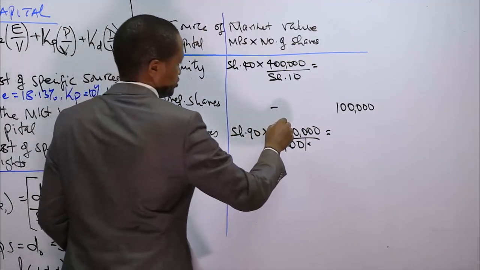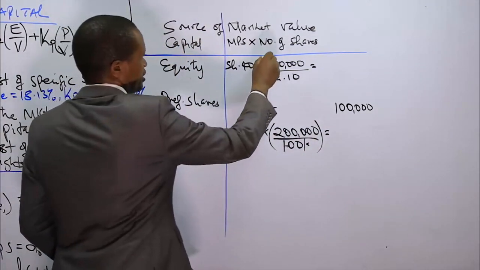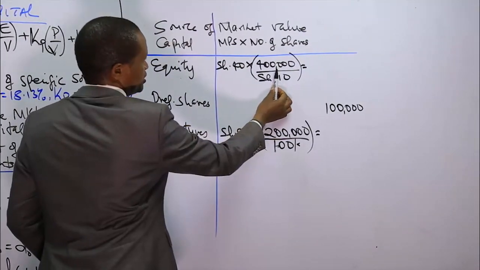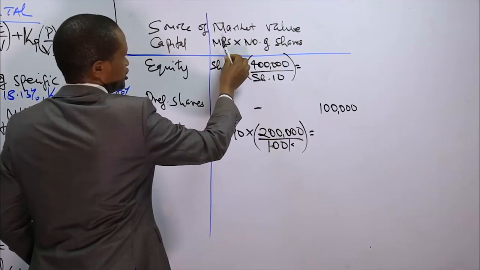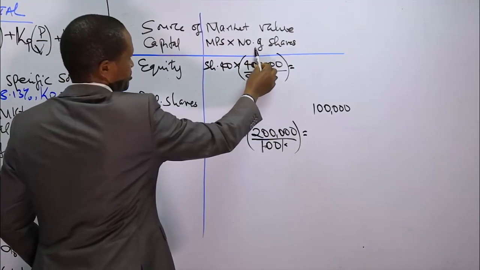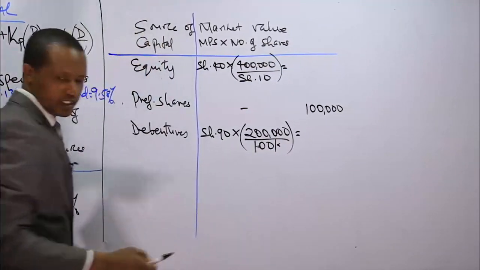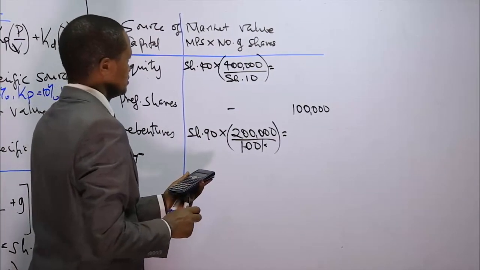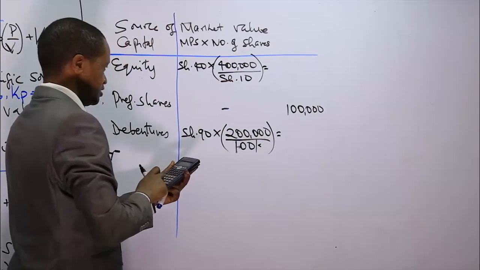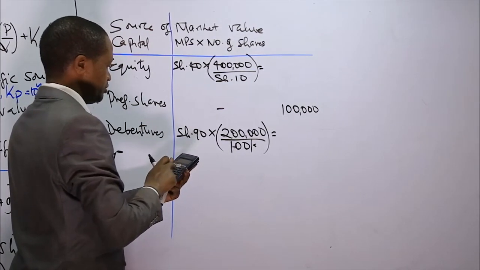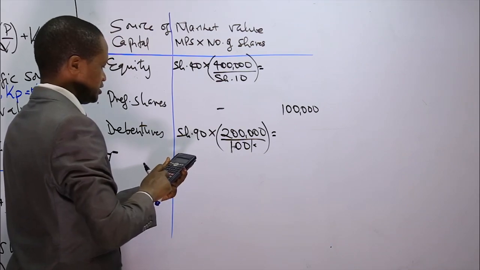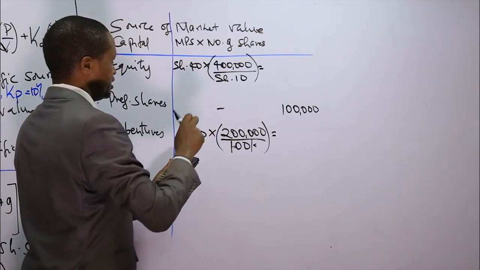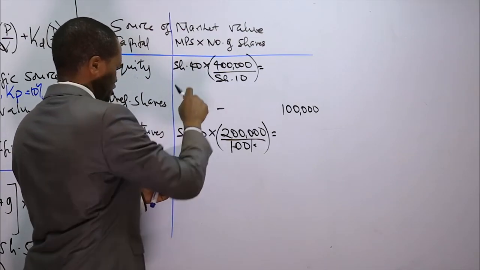And this you need to remember always. Where the market values are not given, this is the formula: take the market price per share or per debenture, and multiply with the number of shares. So we can now calculate the market values. Starting with equity, number of shares will be 400,000 divided by par value of 10, so here we have 40,000 shares times the market price per share of 40 shillings.